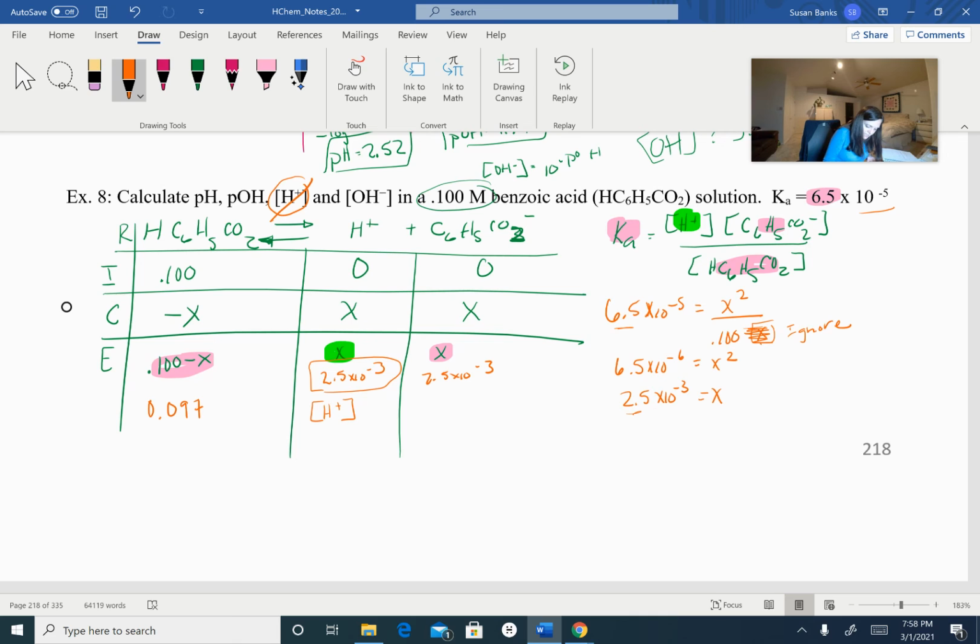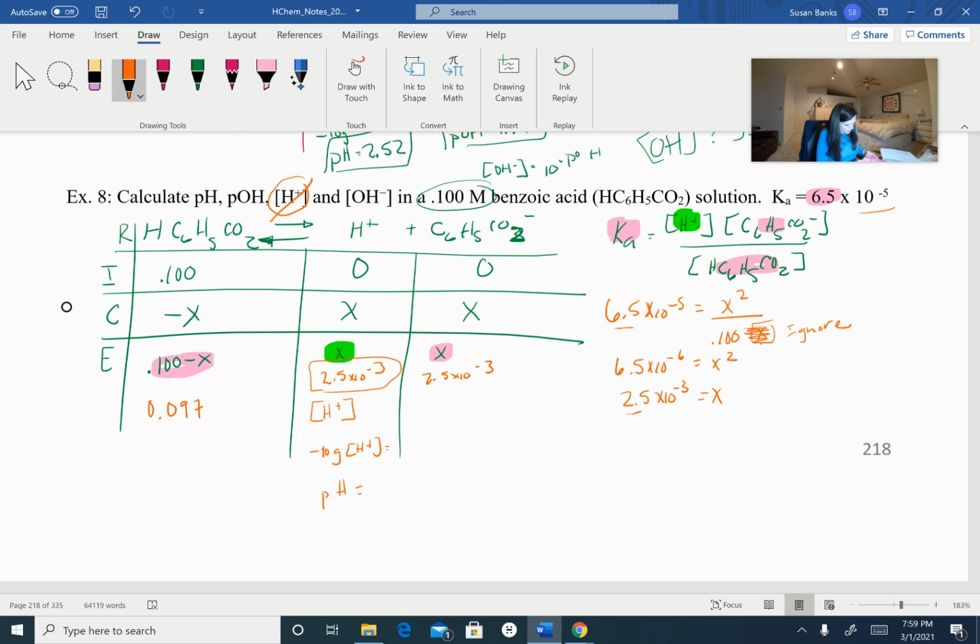The next thing is to find my pH. If I take the negative log of the hydrogen ion concentration, that will give me my pH. So I'm going to do the negative log of that. Oh boy, I cleared stuff and I shouldn't have. So let's start over.